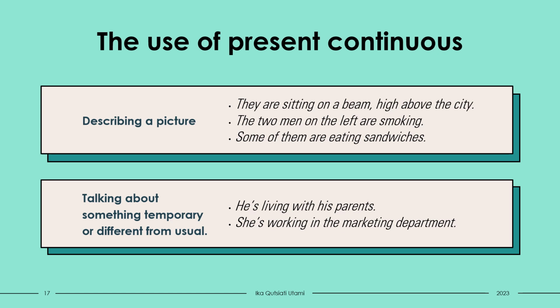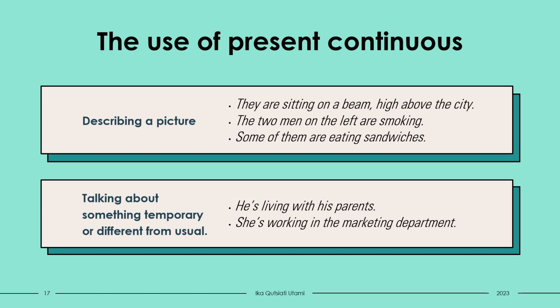So, another use of the present continuous is to show that something is temporary. Look at these two sentences. He lives with his parents. He's living with his parents. So what's the difference? Why would you use the present continuous here?